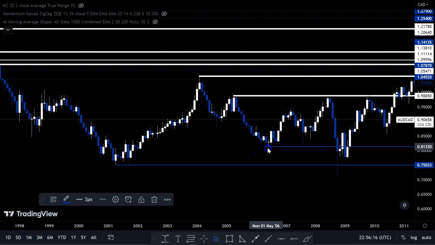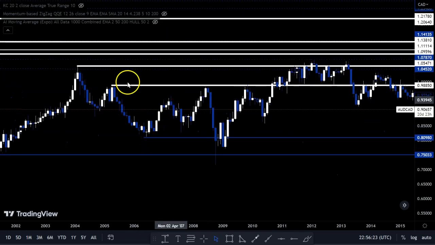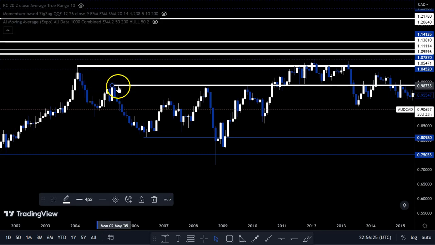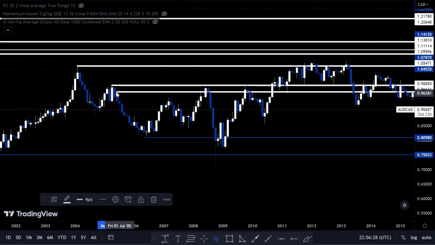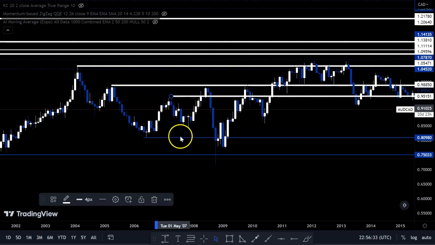and then this support pushed the price up to this point, forming a new resistance there. And then this resistance pushed the price down, forming a new support there.